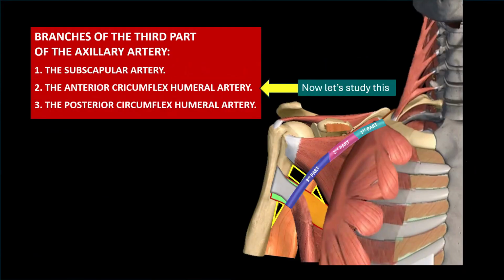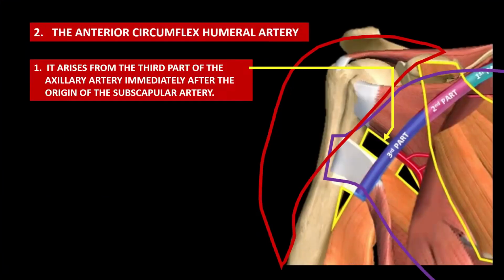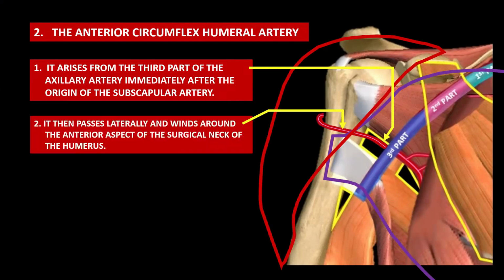Let's now study the anterior circumflex humeral artery. It arises from the third part of the axillary artery immediately after the origin of the subscapular artery. It then passes laterally and winds around the anterior aspect of the surgical neck of the humerus.